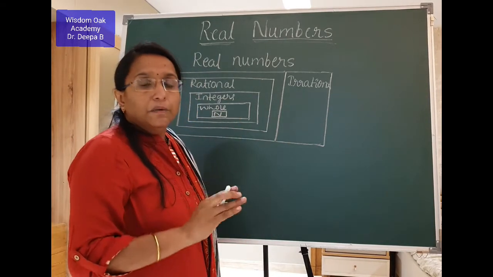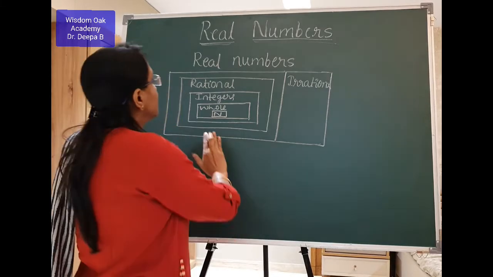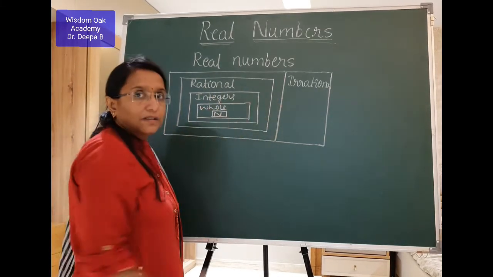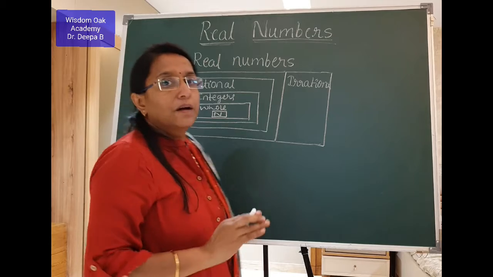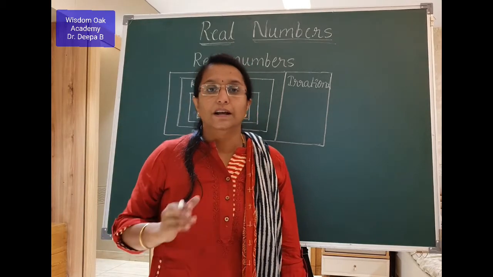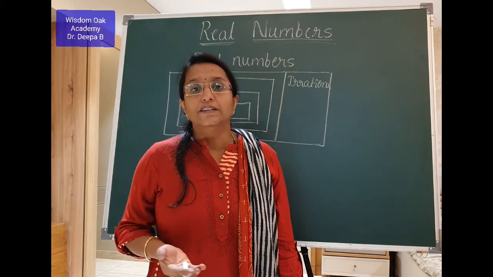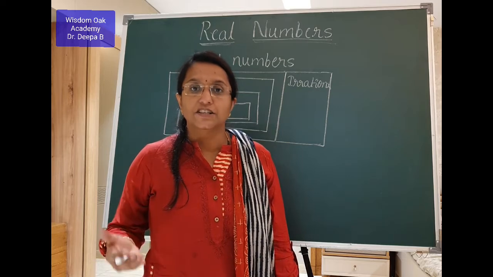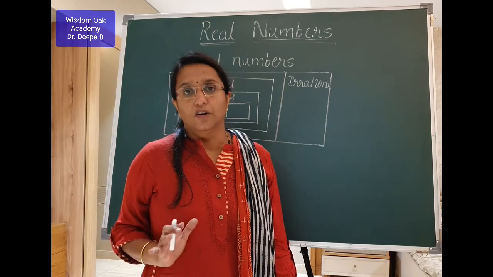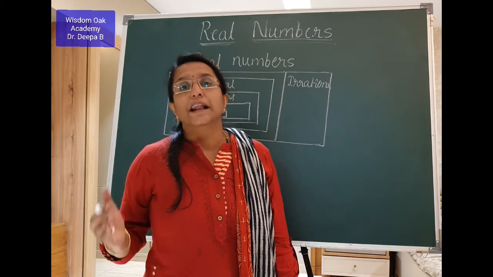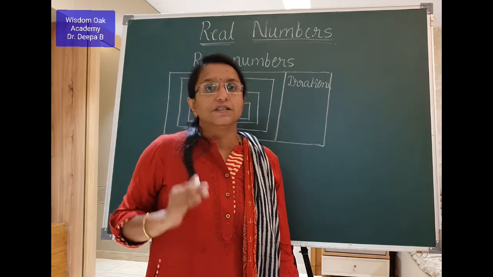So in most of the competitive exams, you will get one question on this. Sometimes what happens, 1 mark question, they will ask whether all integers are natural numbers or not, or rational number is a natural number. Such questions they will ask.